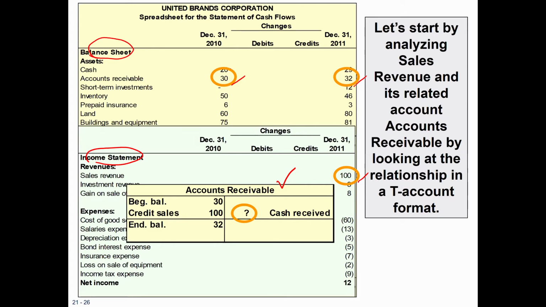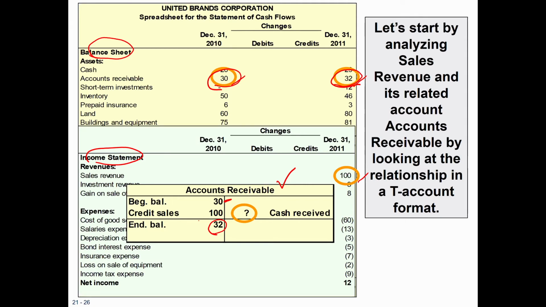The beginning balance here is 30, and by the end of the year it's 32. When we have sales revenue, we debit accounts receivable and credit sales revenue. Let's assume all of the sales revenue is credit sales.